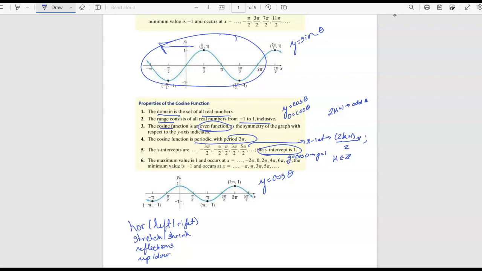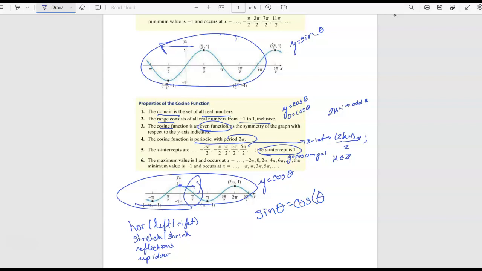So we can actually build a transformation from the sine function to the cosine function or vice versa. We could take the cosine function, and if we were to shift this to the right pi over 2 units, then we would end up with the sine function.